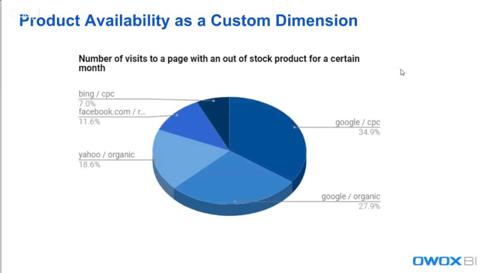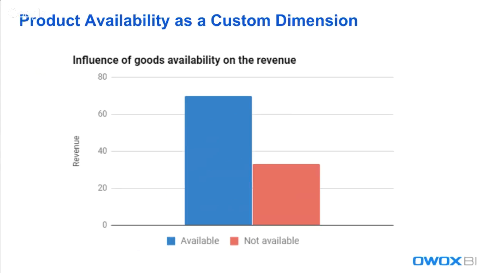You can do a similar report on a monthly basis. Also, you can create such a report and see how the availability of goods influences revenue. So there are many reports that you can do, and many questions that you can answer.